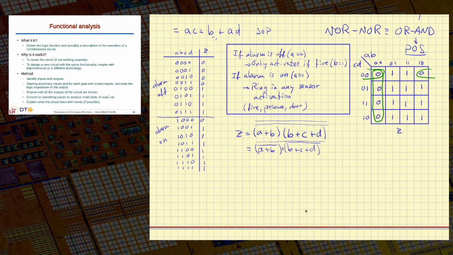But if you have had some training, you must know that from the product of sums I can go directly to a NOR structure. So my circuit will have one NOR for the first term, another NOR gate for the second term, and another NOR gate for the output.